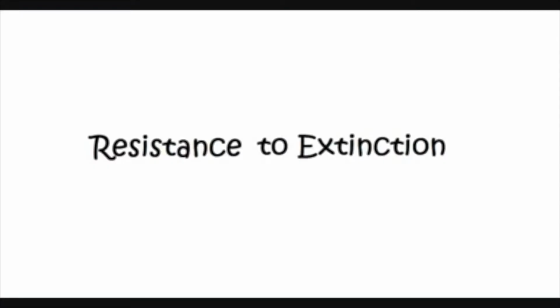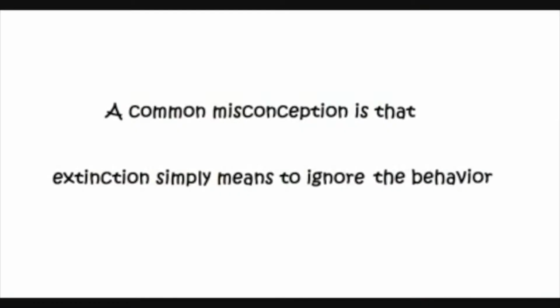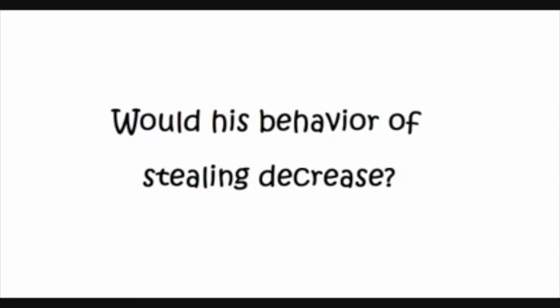This reinforcing action produces resistance to extinction, which basically means it makes it harder and longer to extinguish the target behavior. On a final note, a common misconception is that extinction simply means to ignore the behavior. So if Sam were stealing cookies and his mom ignored his behavior, would his behavior of stealing decrease?